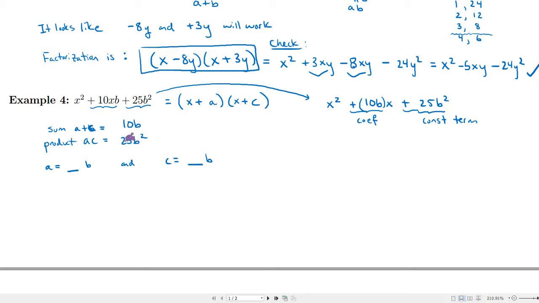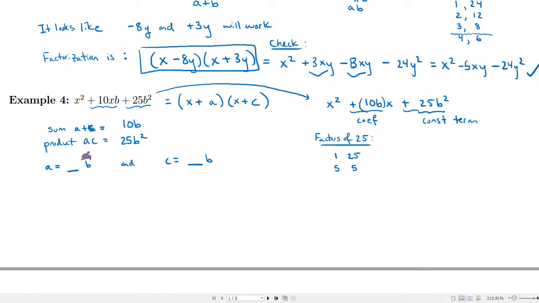The coefficient of the b squared is 25, and luckily there aren't very many factors of 25. You can either do 1 times 25, or 5 times 5, which is 25. The factorization of 25 is 5 squared. So there's not very many choices, which is good. If there are a few factors, that makes your life easier, because there are fewer possibilities for your factorization.